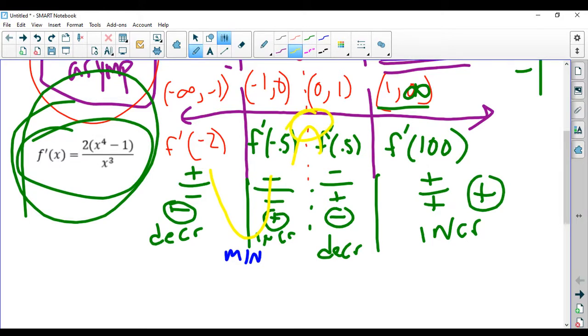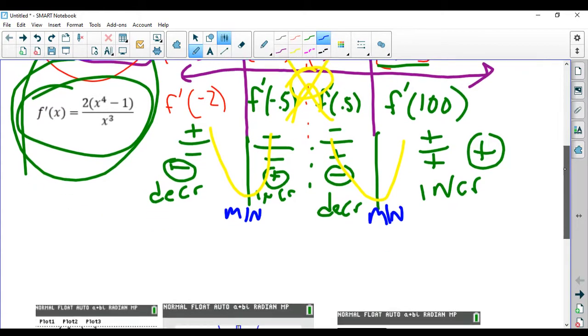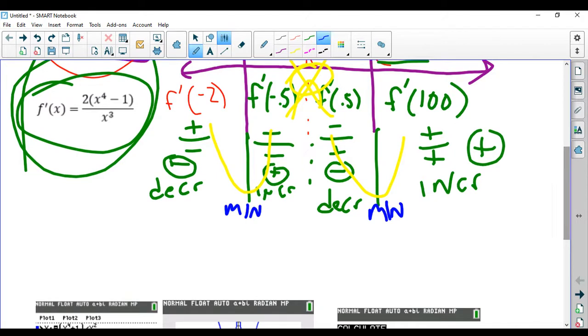It's a vertical asymptote. That's why I drew it with a dashed line. So we can ignore this as far as calling it a min or a max. Going from the third to the fourth interval, it goes from decreasing to increasing. So here is another min. This function has two relative minimums and no relative maximums.